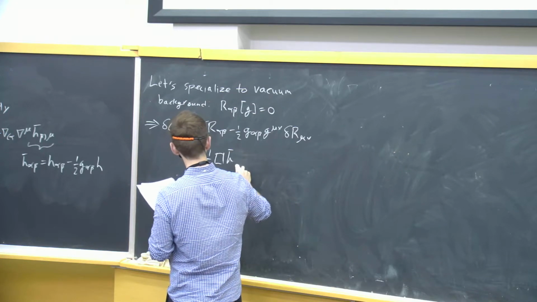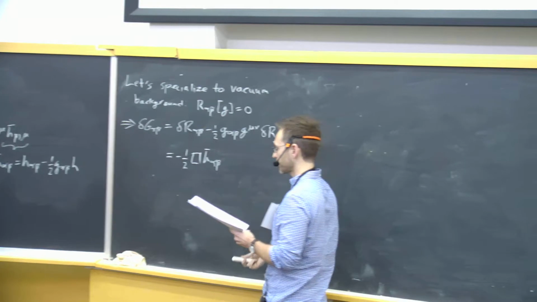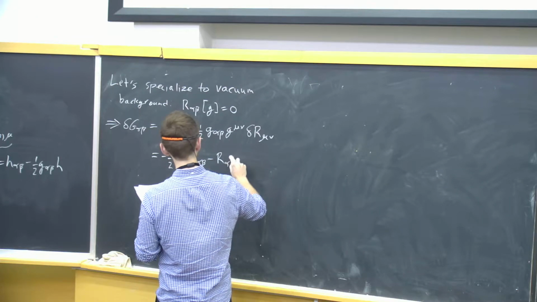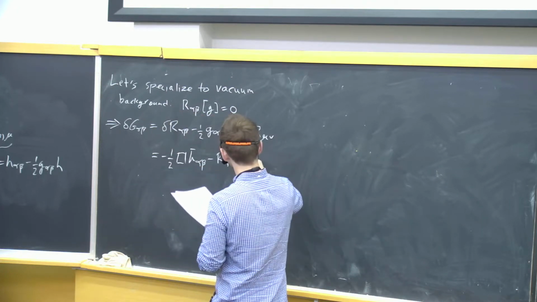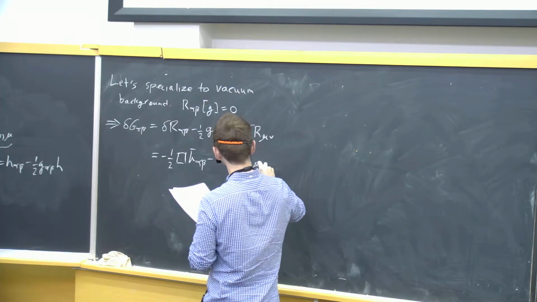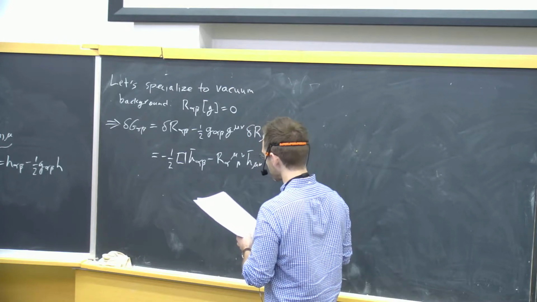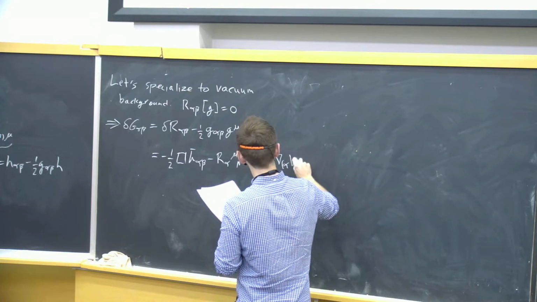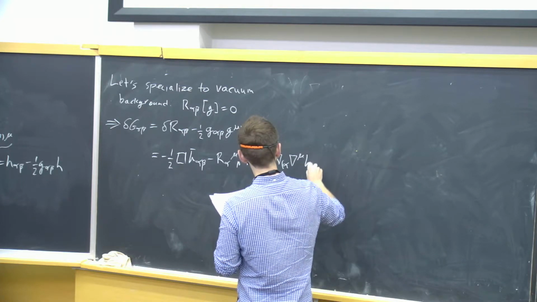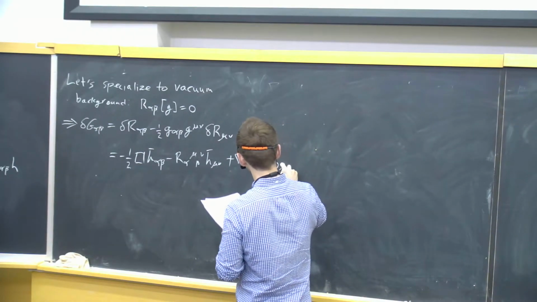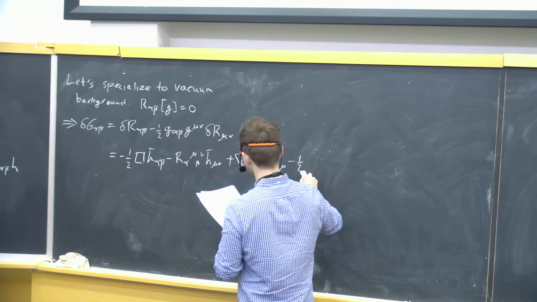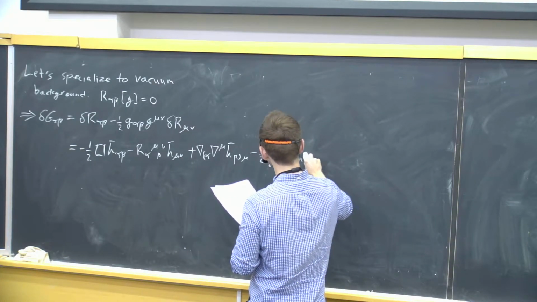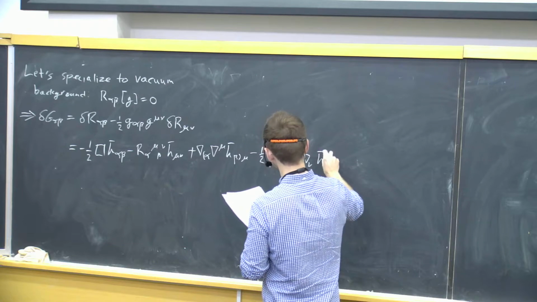It's the box of the trace reversed perturbation minus a Riemann term contracted into the trace reverse perturbation, plus the second covariant derivative of h bar, minus 1/2 g alpha beta, and a different second covariant derivative of h bar.